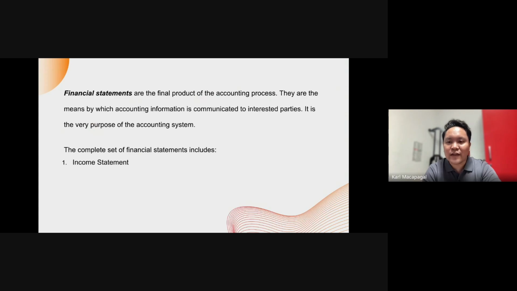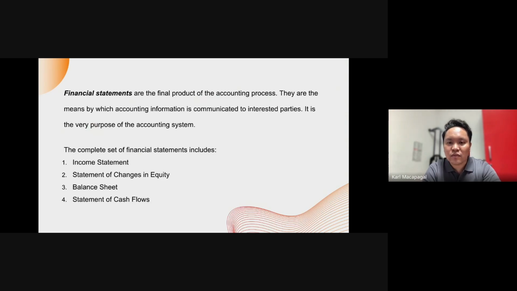So the complete set of the financial statements includes the income statement. Other term again is a statement of financial performance or comprehensive income. And next is a statement of changes in equity. Balance sheet, or other term for the balance sheet, is the statement of financial position, correct? And next one is a statement of cash flow. However, in introductory accounting, in our subject basic accounting, only the first three financial statements are discussed.